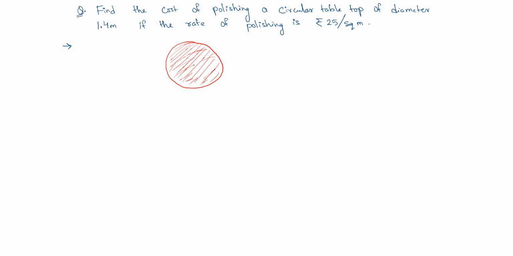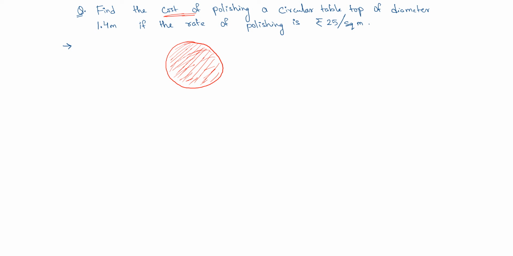That means in this question we are going to talk about area. Now listen students, in different questions it becomes very important to understand whether we will be calculating area in order to find the cost, or perimeter in order to find the cost.